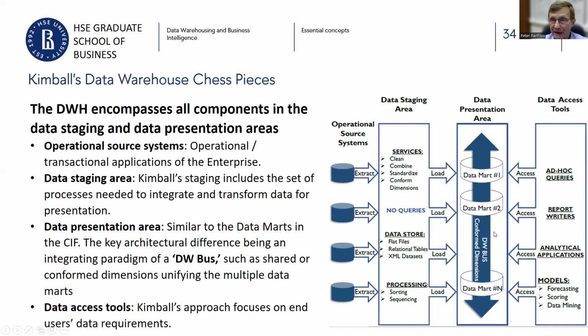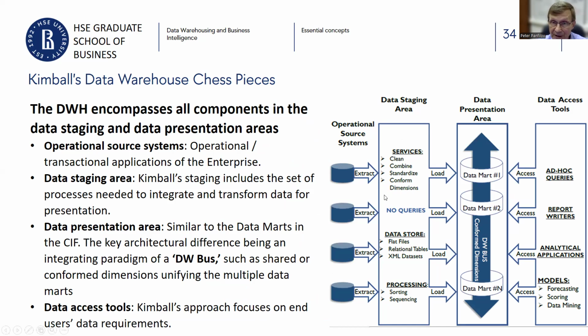This is a diagram that shows architecture, so something like a high-level representation of the data warehouse architecture according to Kimball. And now what is special here? Same as with Bill Inmon's architecture, we also have some sources, data sources.